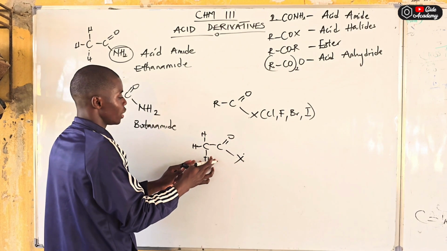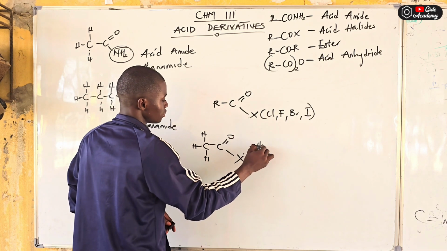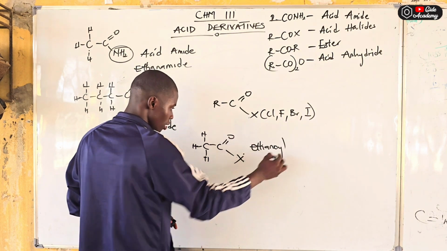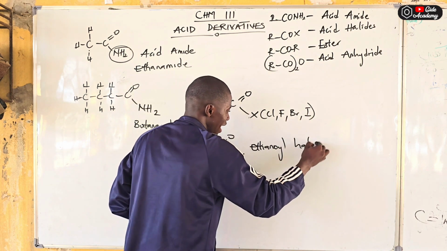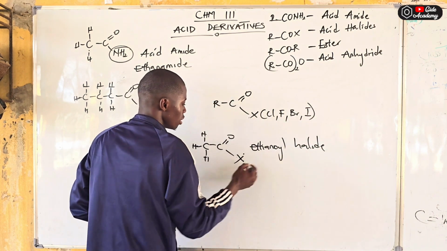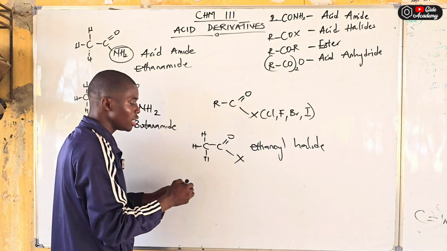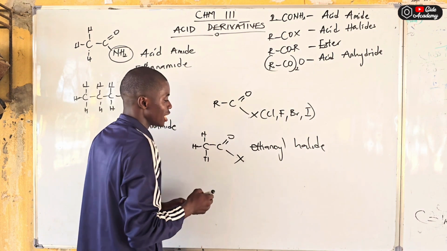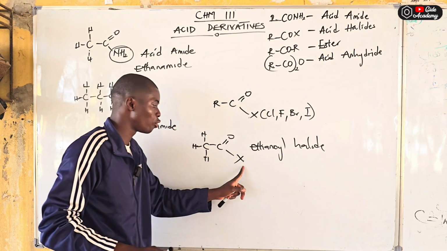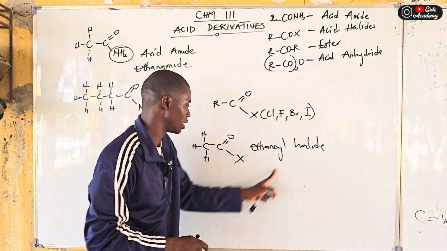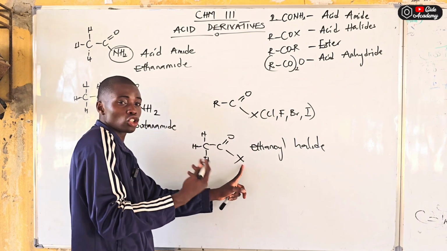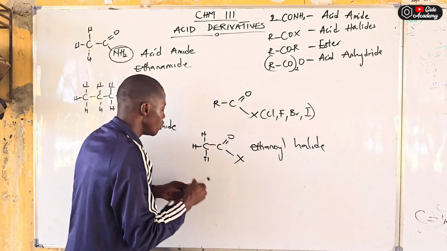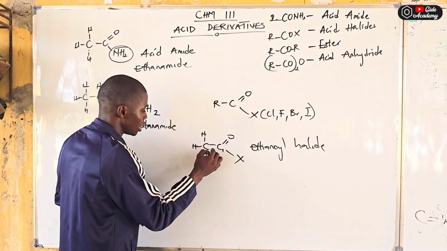As long as you are seeing a compound like this, it's called ethanoyl. Please, ethanoyl here will now be halide, because of this X here. And assuming here is chlorine, it will now be ethanoyl chloride. Fluorine, ethanoyl fluoride. Iodine, ethanoyl iodide. Bromine, ethanoyl bromide.